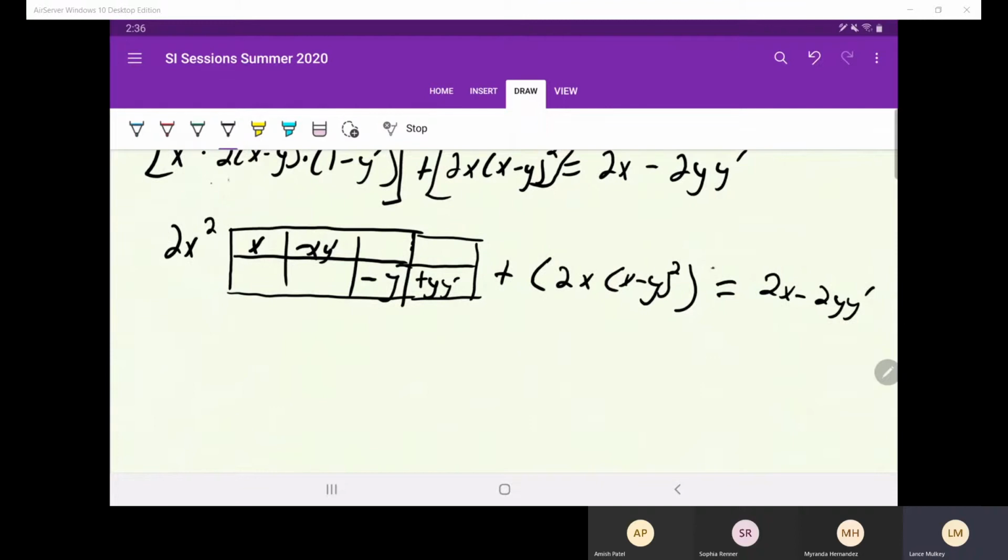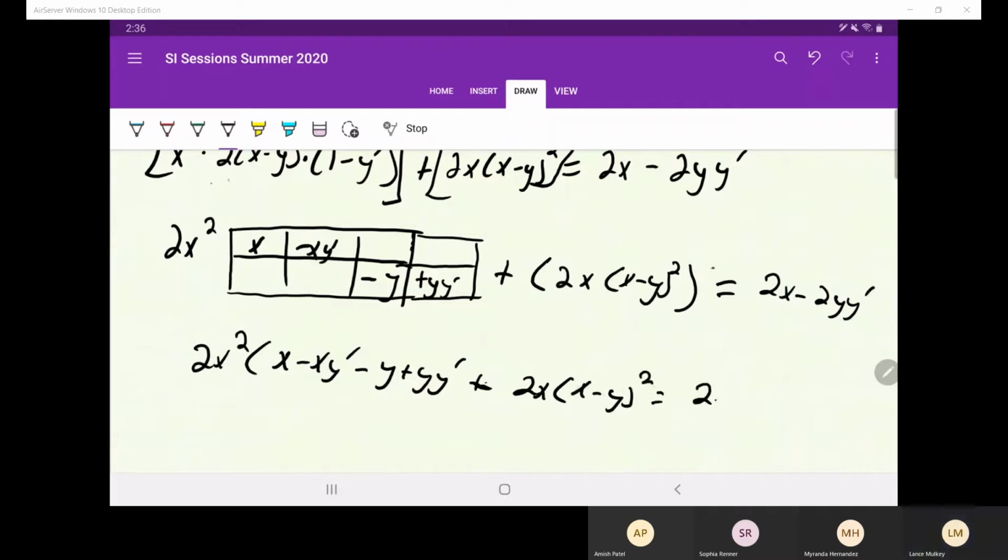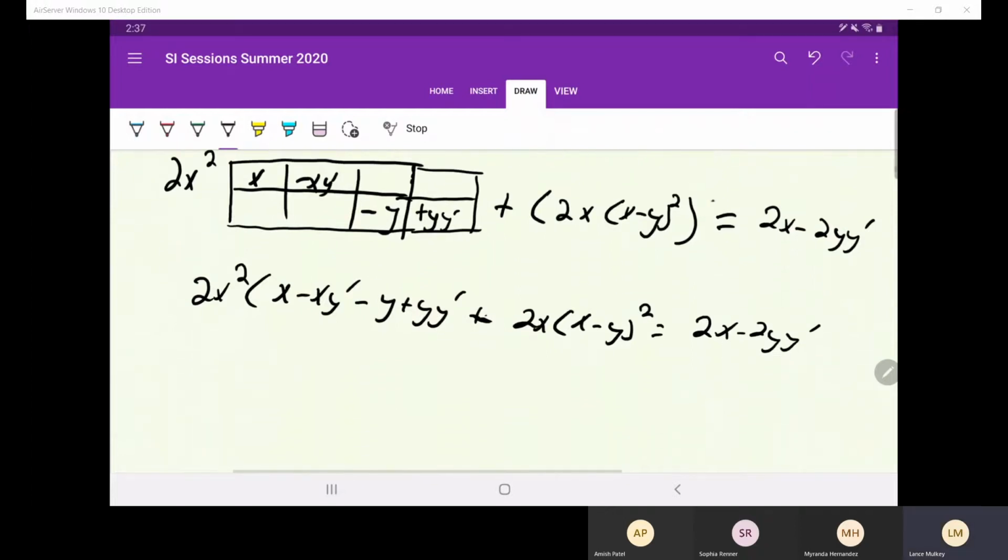So this equals 2x squared times, and that's just me simplifying and adding all those up.